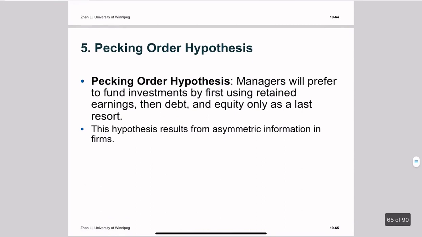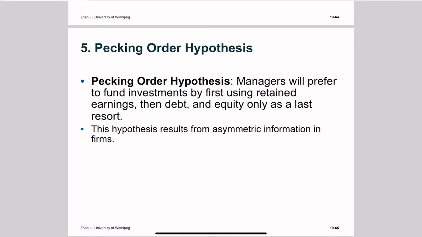Okay, now let's talk about the second type of theory. So the first type of theory is this trade-off theory, right? That is, firms would compare the different costs and benefits to think about the optimal level of debt. Now, the second type of theory is this pecking order hypothesis.